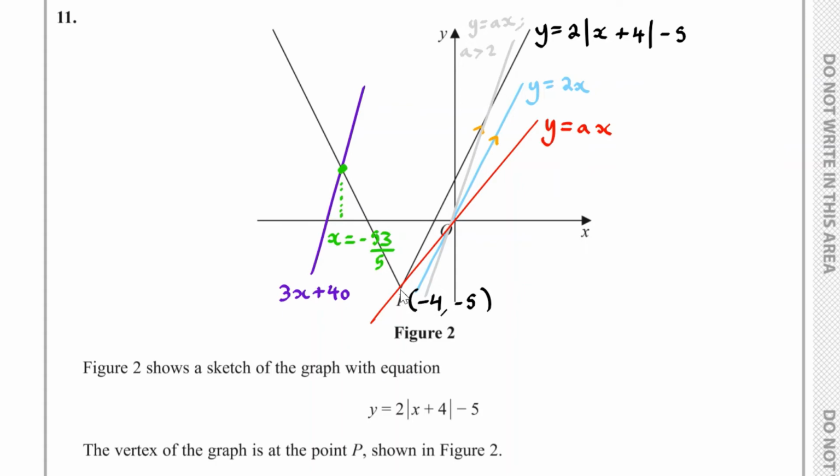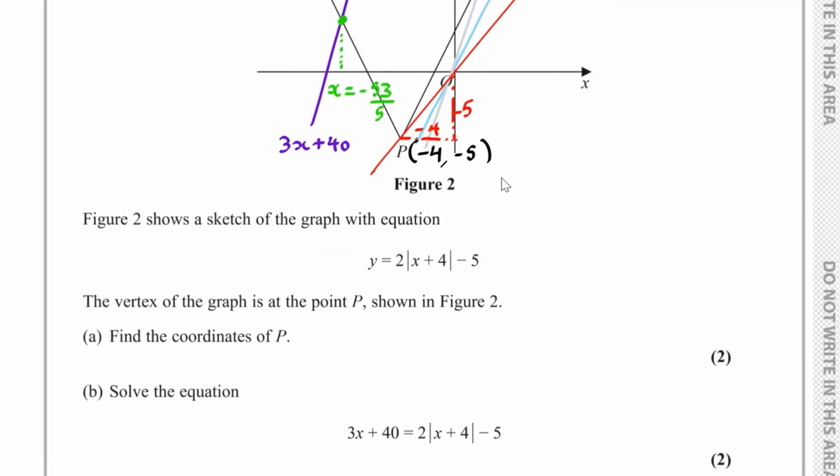So here we have a change in x which is minus 4, and our change in y, that's equal to 5. So therefore our gradient here is equal to 5 over 4.